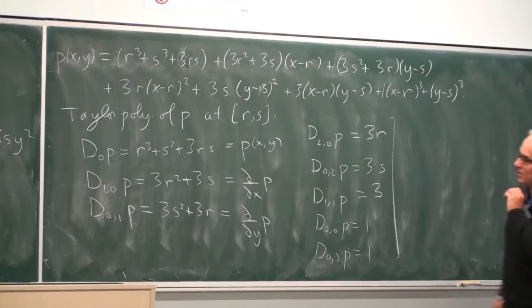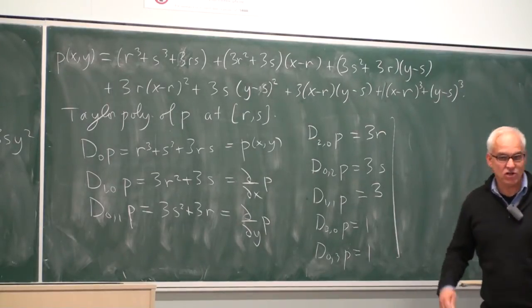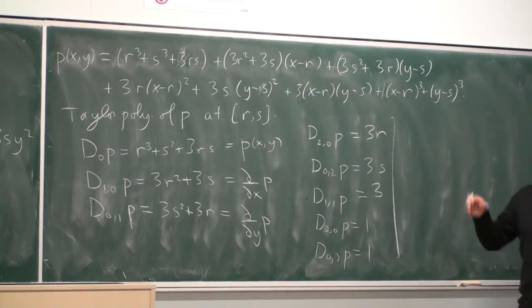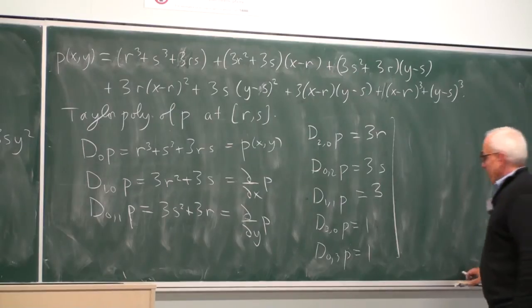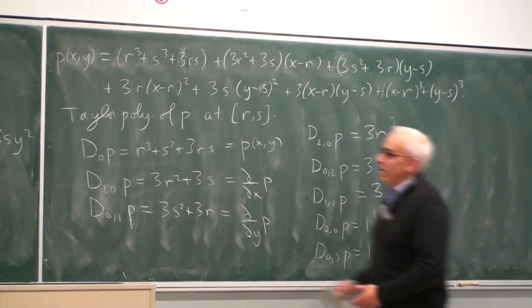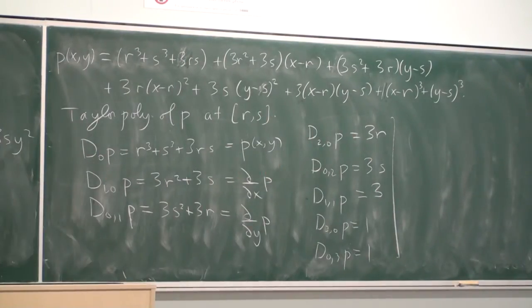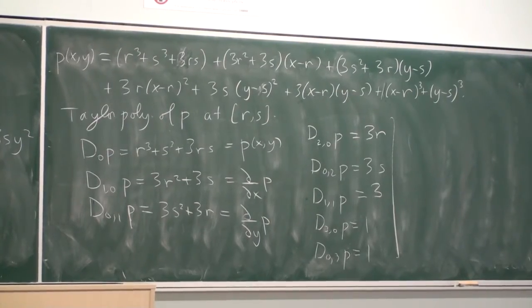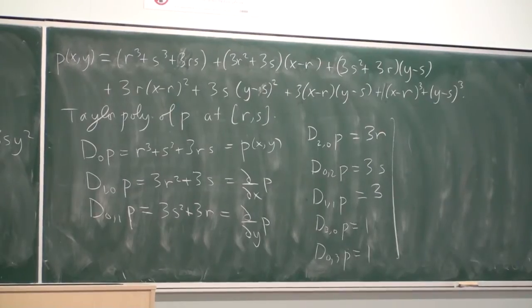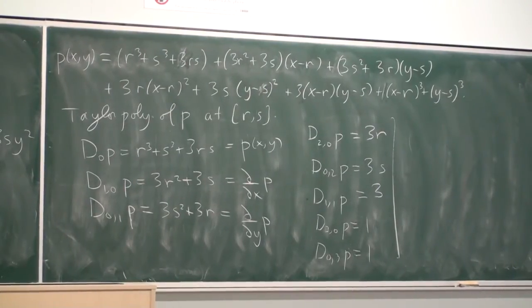Okay, but what's really sort of geometrically interesting is not so much these partial derivatives, but rather the truncations. That's what's geometrically interesting. And the truncations are going to be the analogs of tangent line, tangent conic, and so on.